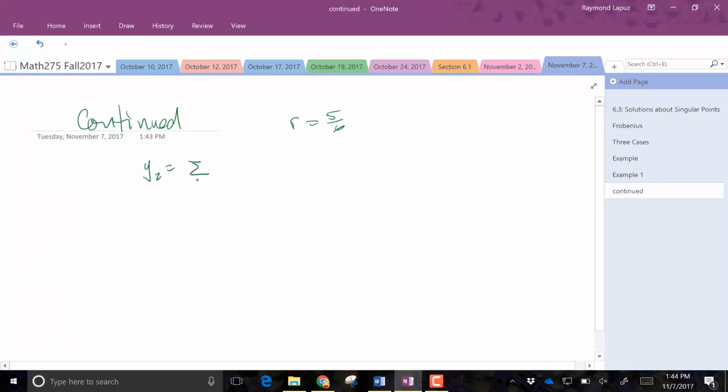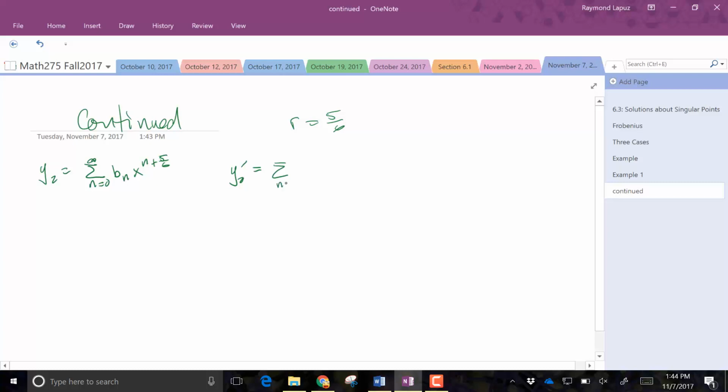So this is going to be the series n goes from 0 to infinity of b sub n x to the n plus 5/6. Well, if we approach it the same way we did last time, which is to take the derivatives and then put it into the equation, then that's what's supposed to happen, right? If this is in fact supposed to be a solution, then its derivatives should work.